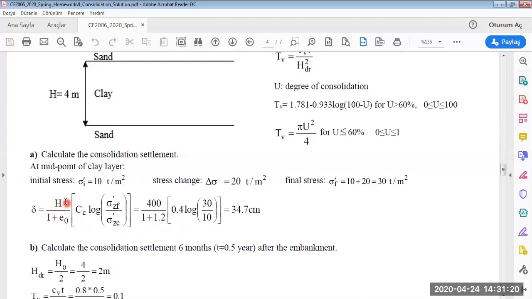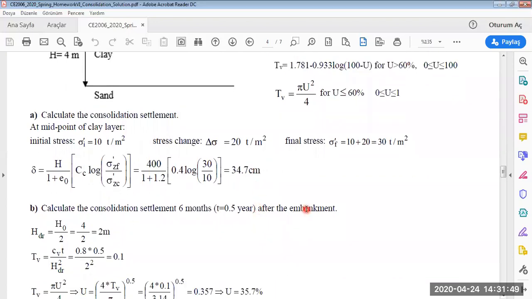Here is the thickness of the clay layer, because consolidation takes place in the clay layer, so we will use the height of this layer. And if you use this in terms of centimeter, the results will be in centimeter. So we can calculate the consolidation settlement by using this formula.